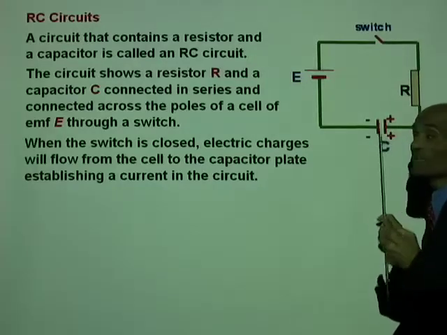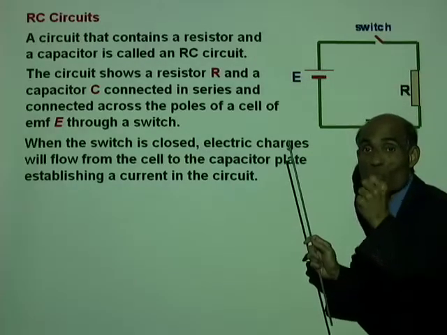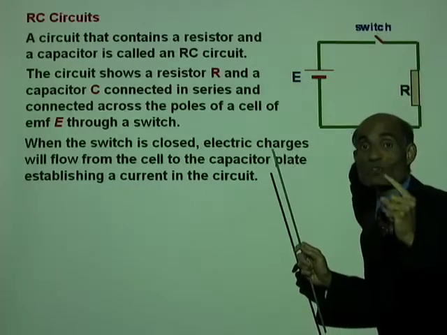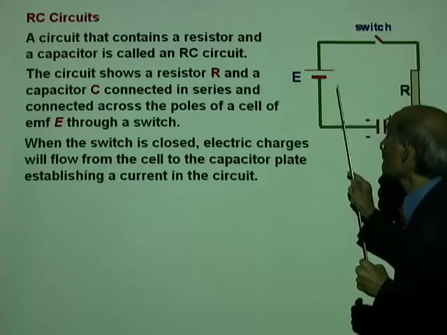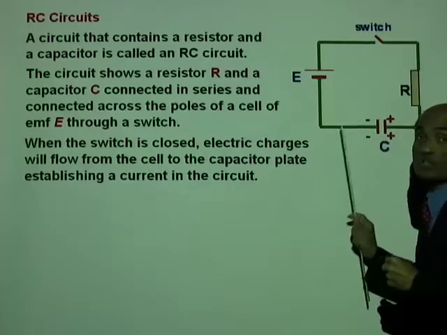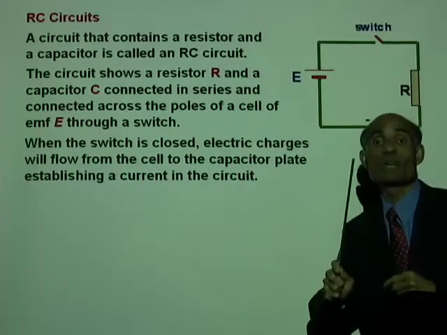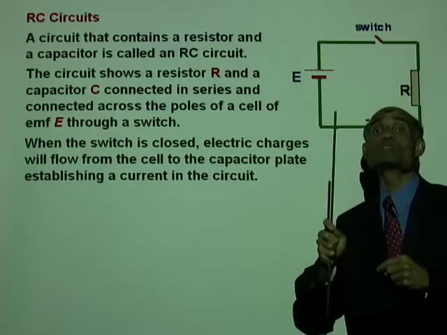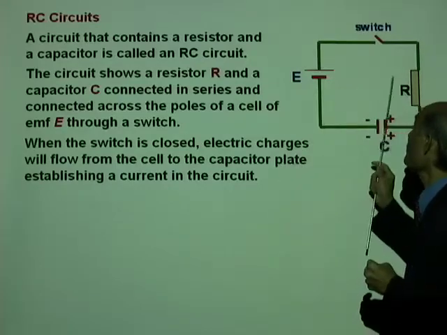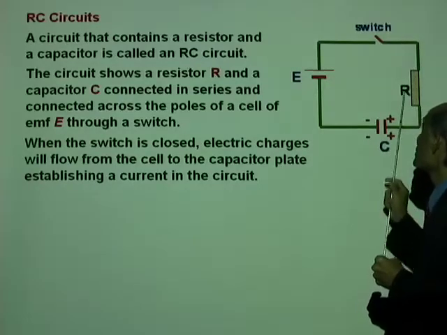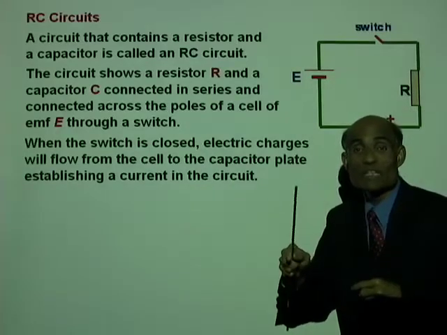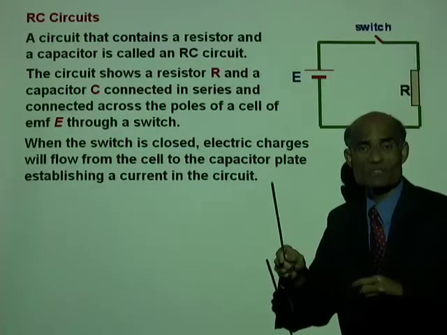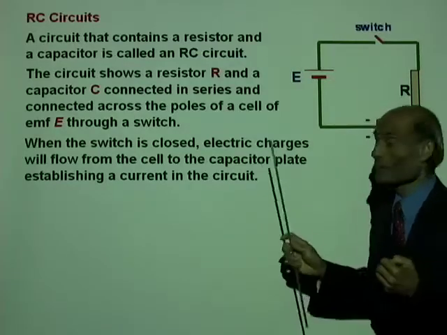As the capacitor gets accumulated with more and more charge, the rate of flow of charge will decrease. That means the amount of charge on the capacitor plate will increase gradually to a maximum, and the current flowing through the resistor will decrease steadily. That is what we would expect. Is that right? Does it make sense?